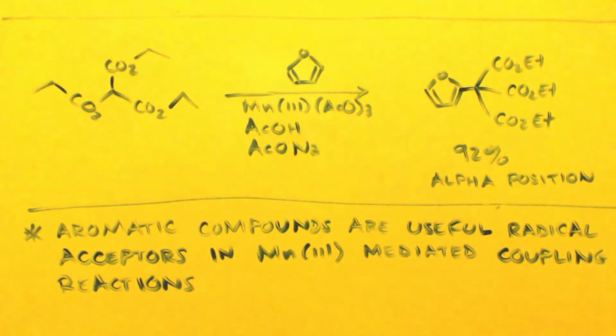If you wanted to make it anhydrous though, when you make the Mn3, you would need anhydrous acetic acid, and you would throw that in with your mixture of Mn2 acetate, your acetic acid, your potassium permanganate, and you would make it dry.